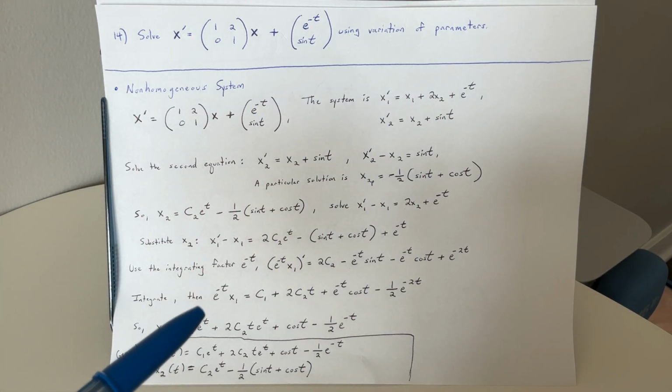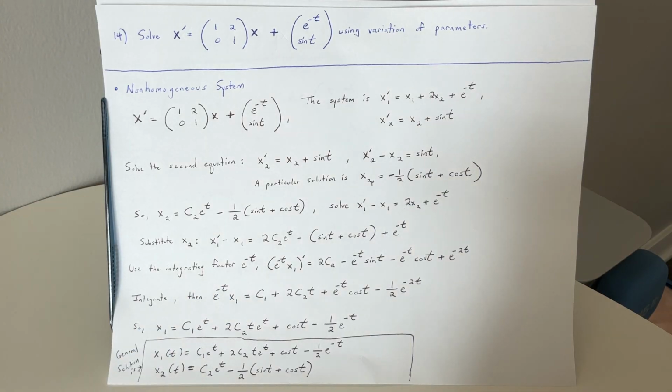Integrating, e to the negative t x sub 1 comes out to c sub 1 plus 2c sub 2 t plus e to the negative t cosine t minus 1/2 e to the negative 2t. So x sub 1 equals c sub 1 e to the t plus 2c sub 2 t e to the t plus cosine t minus 1/2 e to the negative t.